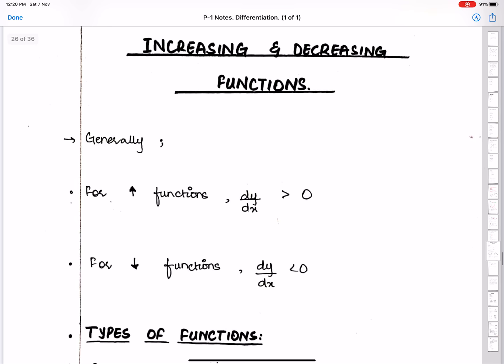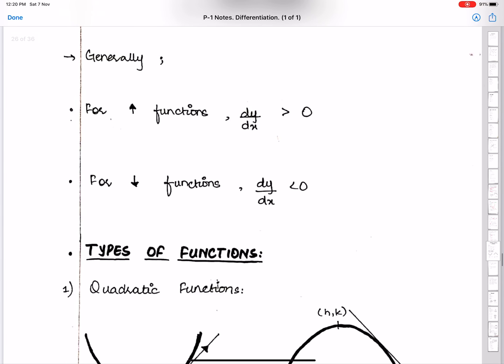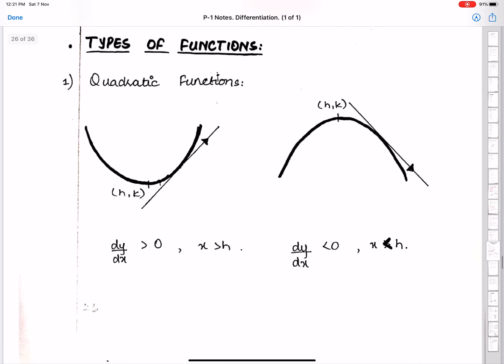Increasing and decreasing functions. For an increasing function, the gradient is always positive. For a decreasing function, the gradient is always negative. Well, for quadratic functions, for a quadratic increasing function, the gradient must be positive at x greater than h. For a quadratic decreasing function, the gradient must be negative at x greater than h. Let me correct this.